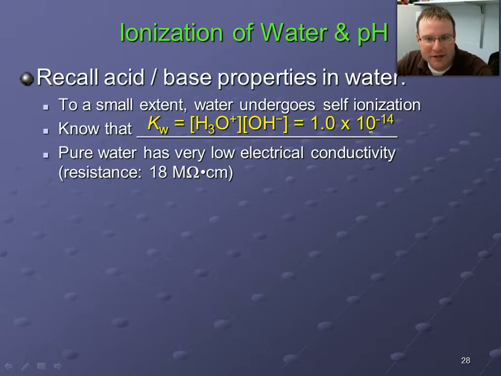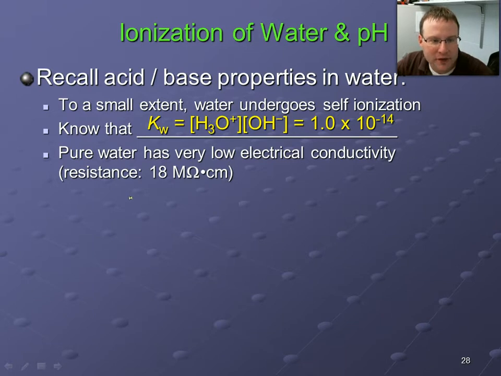So when we say 1 times 10 to the minus 14, the magnitude of that equilibrium constant is extremely small, but non-zero, which means that water has the ability to occasionally bump into itself, transferring an H+ from water molecule 1 to water molecule 2 to result in the production of a hydroxide, OH-, and an H3O+.